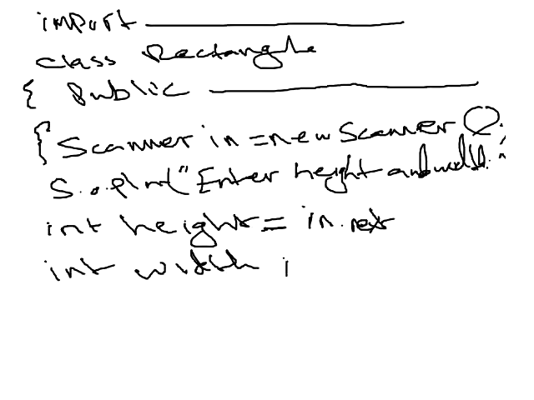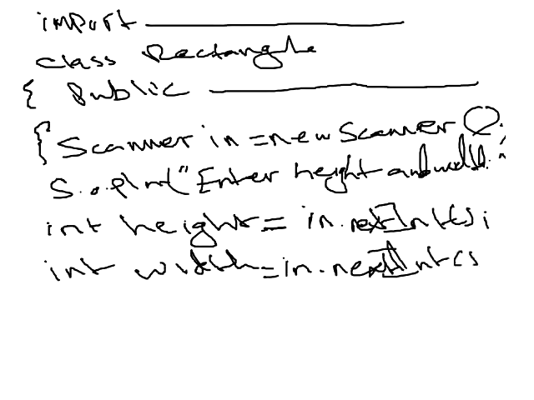You can do it just in height and in width, and then allow user input. But why do you have to have extra lines? So to avoid having extra lines, in width equals in dot nextInt again. So to cut the coding short.